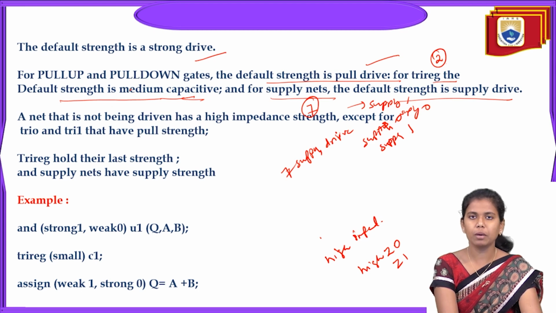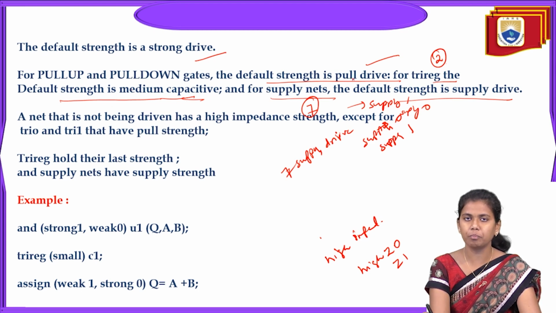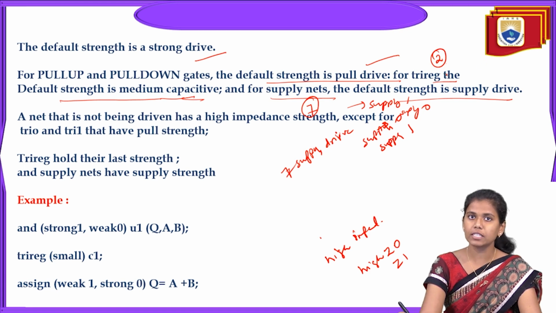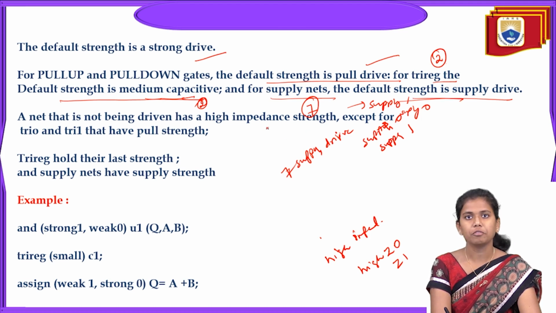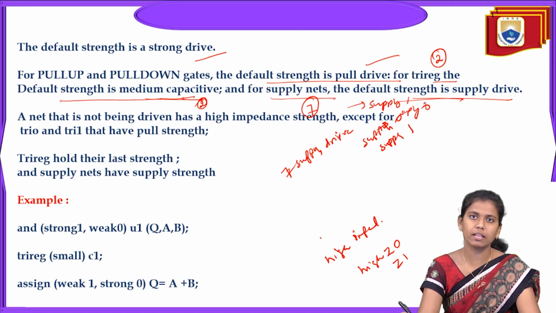Okay. So for pull up and pull down, we use pull drive strengths, and for the Trireg nets, we use medium capacitive, where the strength level is 2. And for the default strength of supply nets, we use the strength level 7. It can supply for 0 as well as for 1.